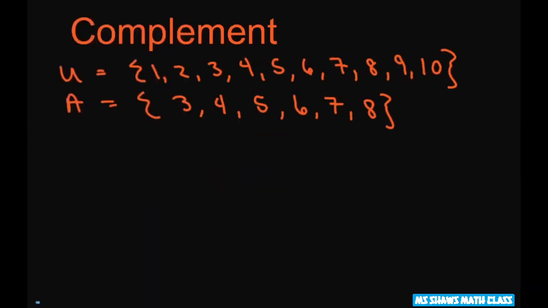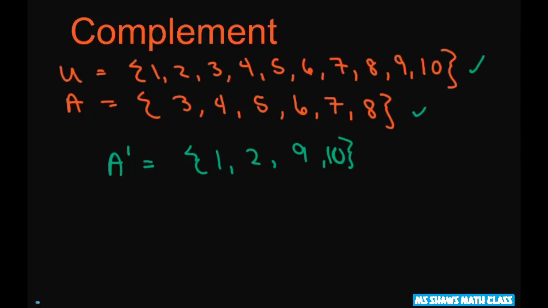Now we're going to go to complement. So we have a universal set and we have set A. The complement of the set A, so I'm going to write A prime, is everything in the universal set that's not in A. So that would equal 1, 2, 9, and 10.